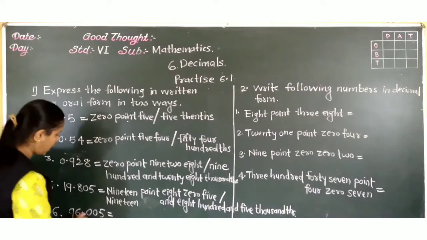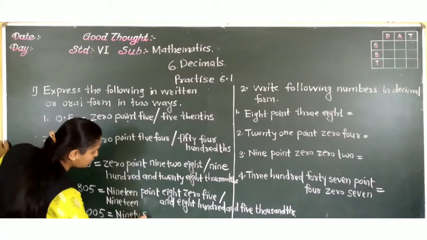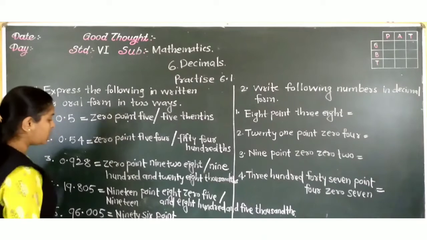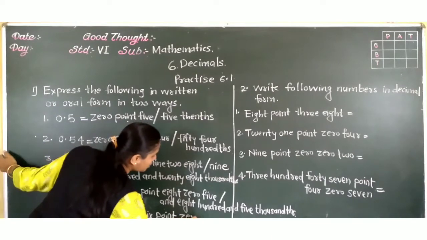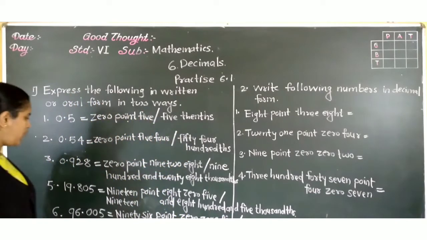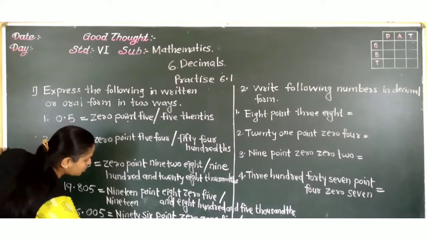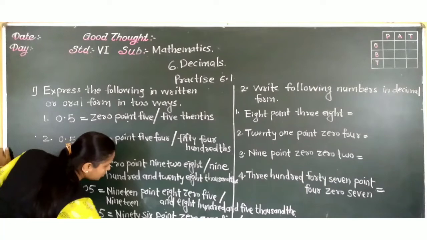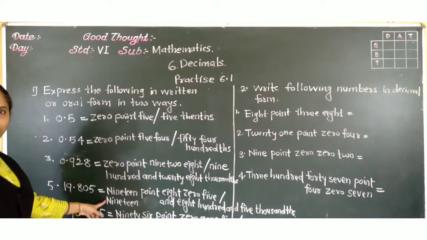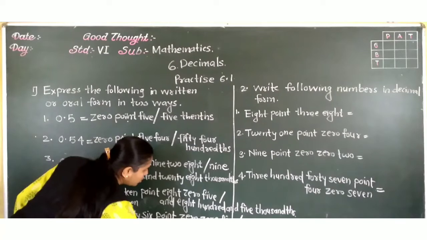Here how to write? 96 point 005. 005 or how to write 96 and only 5 thousandths because 5 is there at thousandths place. So 5 thousandths.